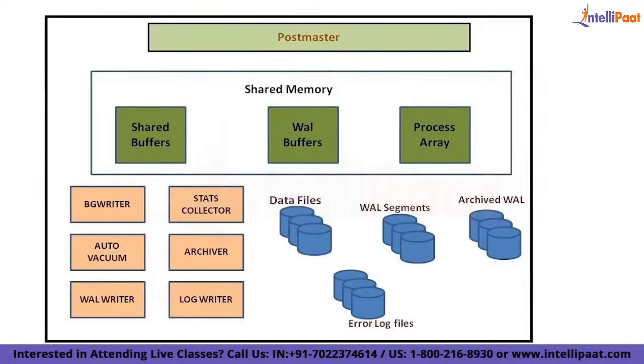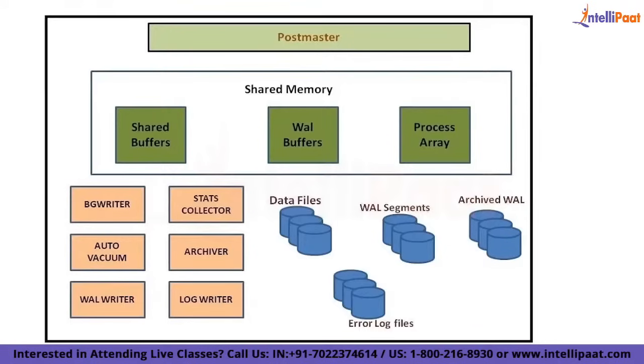The listener is the first process which receives the incoming request, and then it hands over to the server process. Here, the Postmaster is the only process which receives the request, and it spawns one more process for each connection, which we call a Postgres server process.